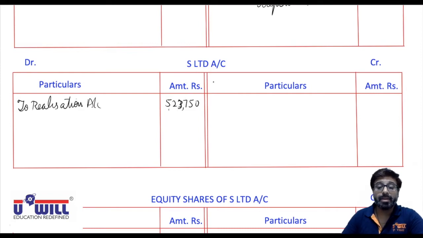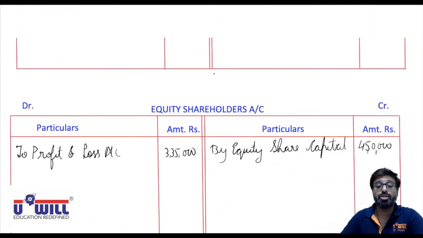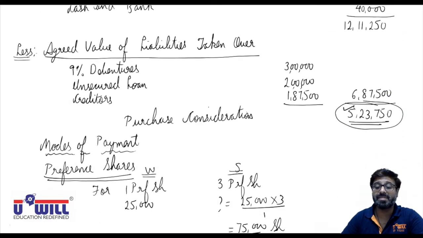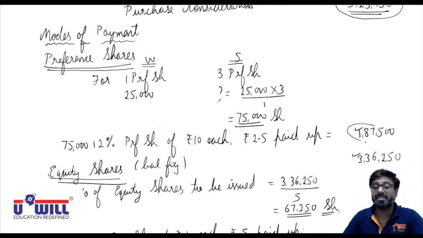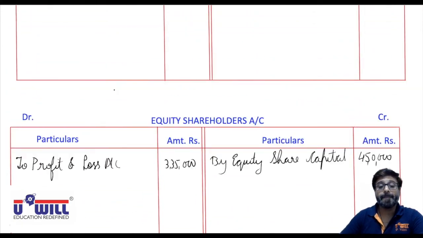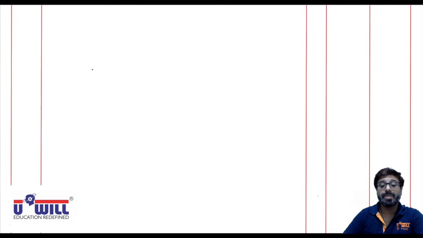Okay. Then after purchase consideration due, purchase consideration received. Now how is this 523,750 received? 187,500 in the form of preference shares, 336,250 in the form of equity shares. So what entry we will pass?